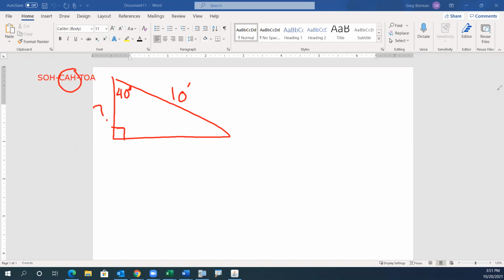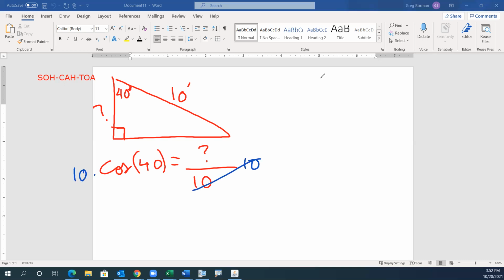That involves the two sides I'm interested in. So I'm going to go cosine of the angle equals adjacent side divided by hypotenuse. Okay, so on this one, all I got to do is multiply by 10, and the variable is isolated. So that's pretty cool. That happens about half the time.